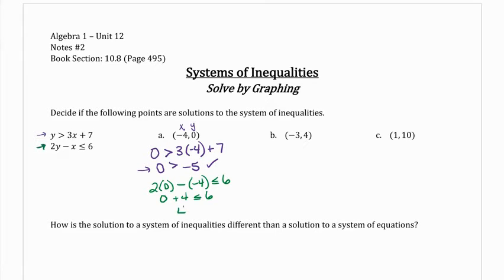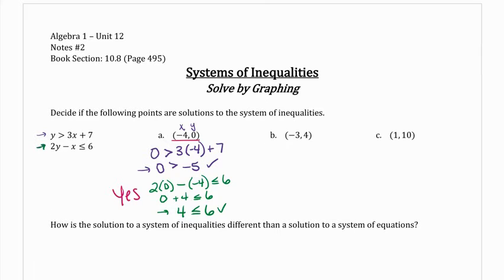That would make 4 is less than or equal to 6. Also, again, a true statement. That means that the point works in both of those inequalities. So that means that yes, this ordered pair is a solution to that system of inequalities.